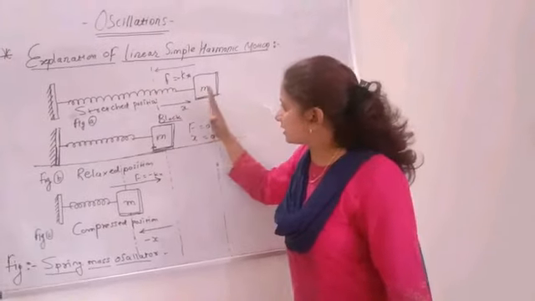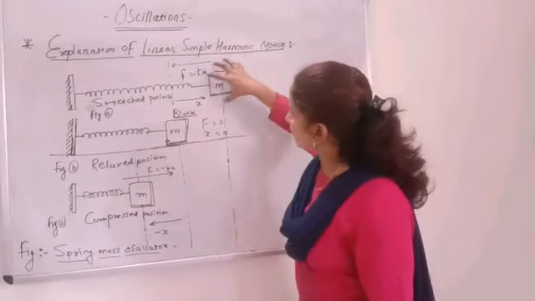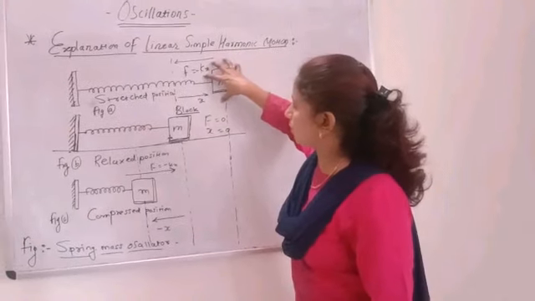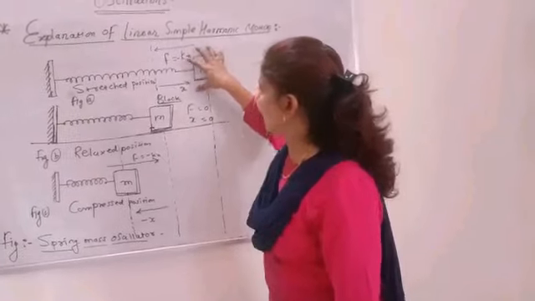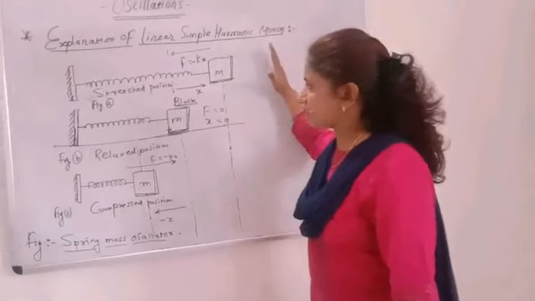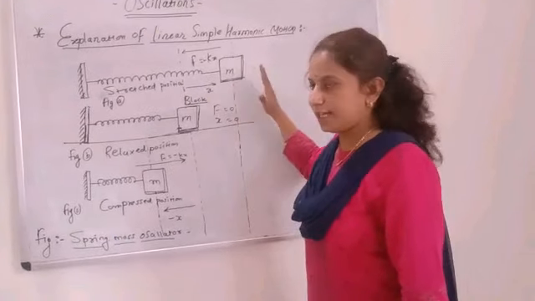This is the displacement x. Here we pull this block to the right side, so the displacement is to the right.